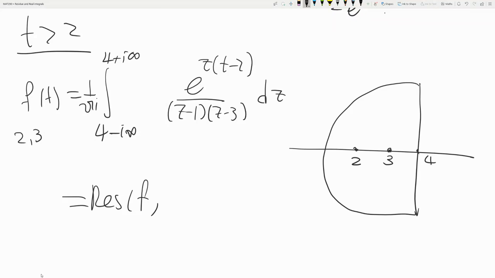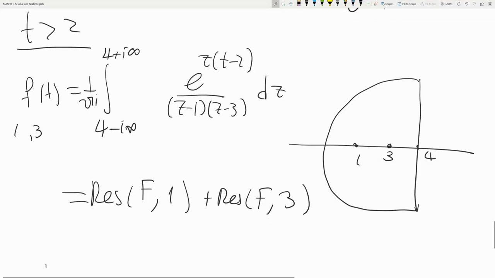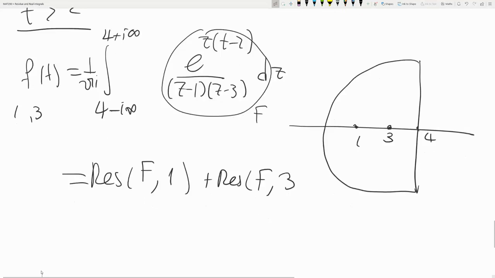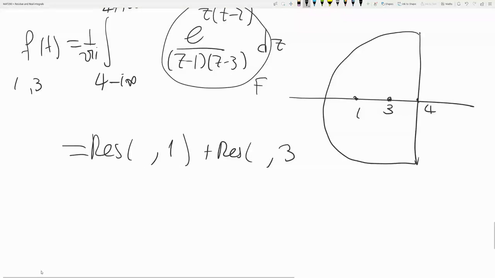Residue of f at 1, I don't know why I said 2, and then residue of f at 3. Actually, let me write capital F because it will confuse you. Let me call it G. Anyhow, they're both order 1, so there's not much to do here.